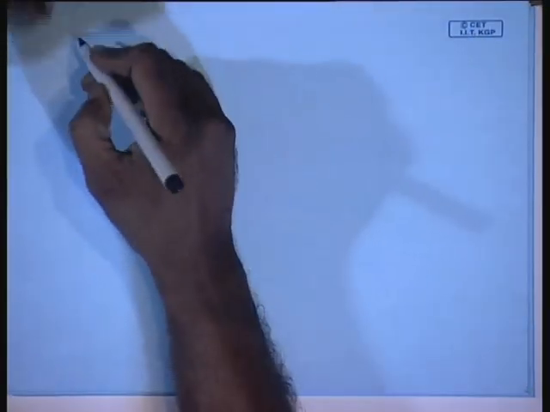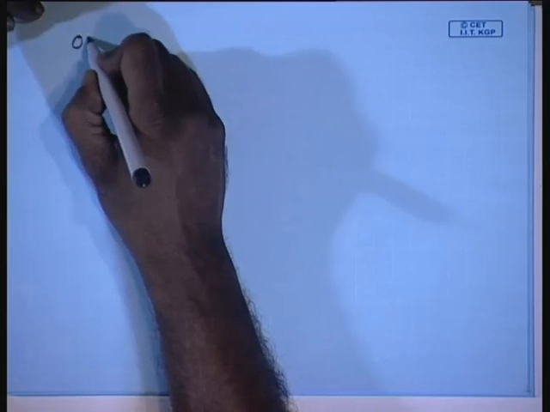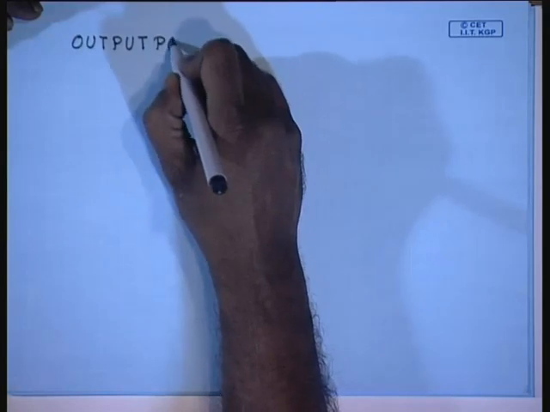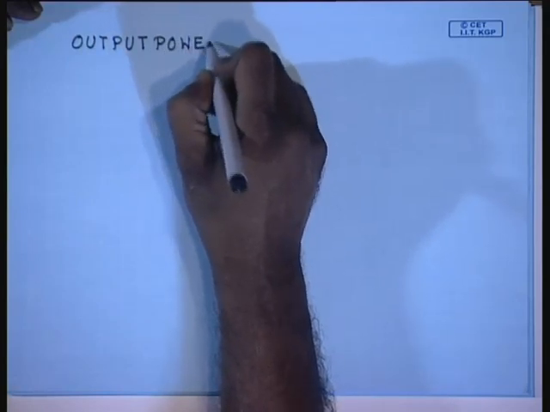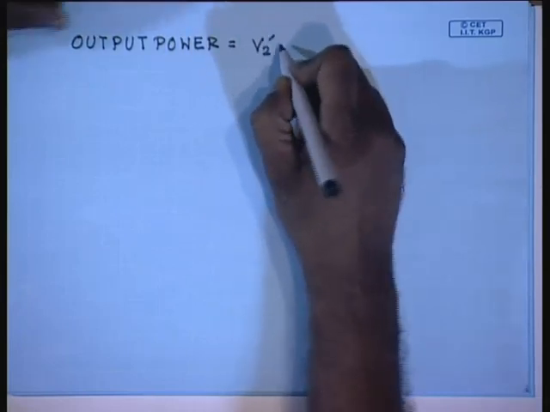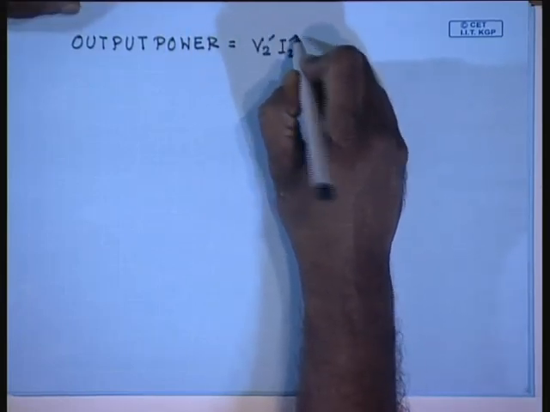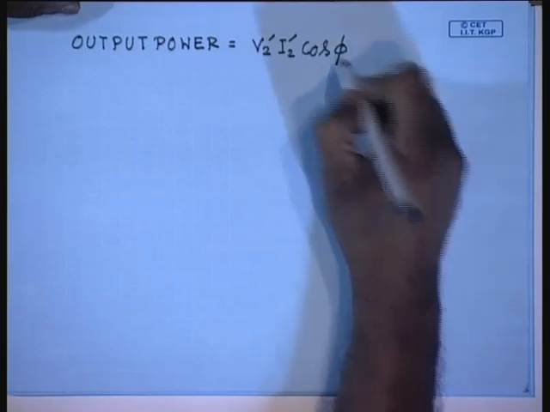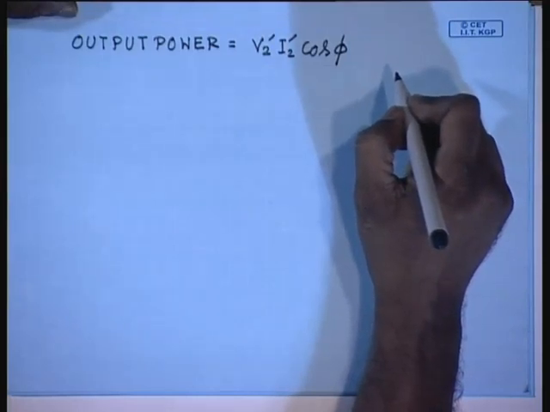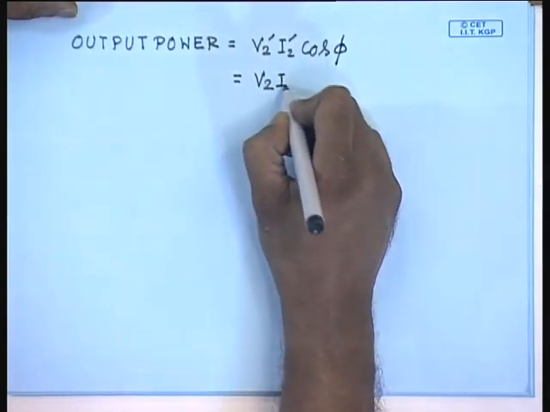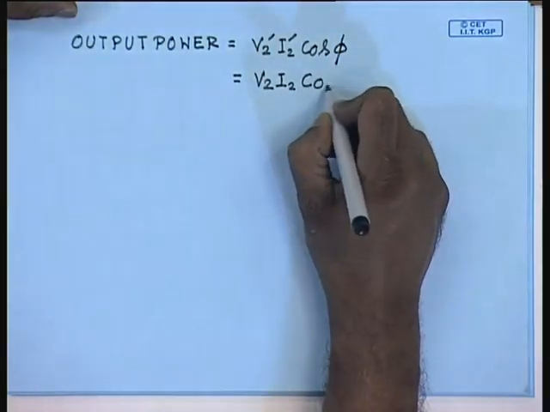Therefore, in terms of equations we can write output power is equal to V2 dash I2 dash cos phi, where phi is the load power factor angle. This is same as V2 I2 cos phi.